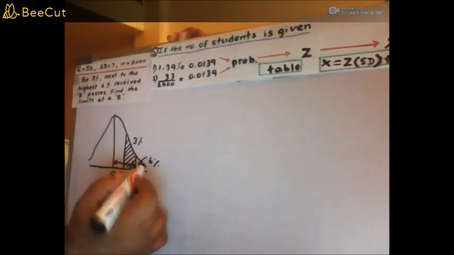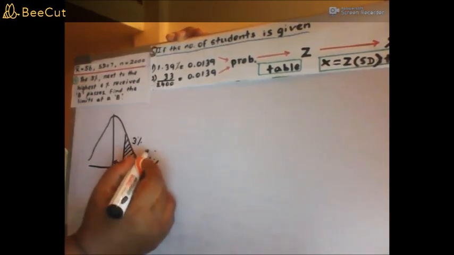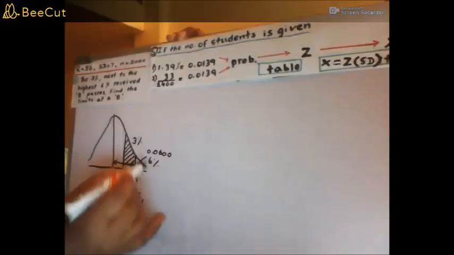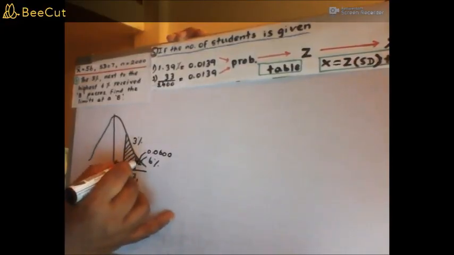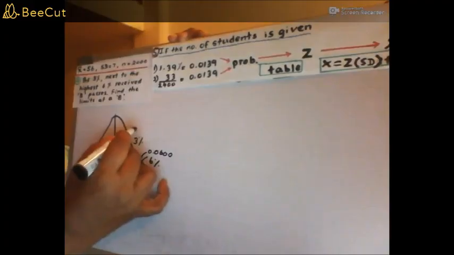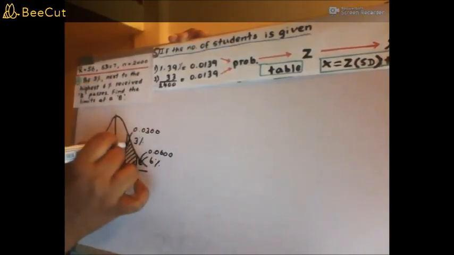So here what's the probability? 6% means 0.0600. That is this area, right? This one 0.030. That is this.